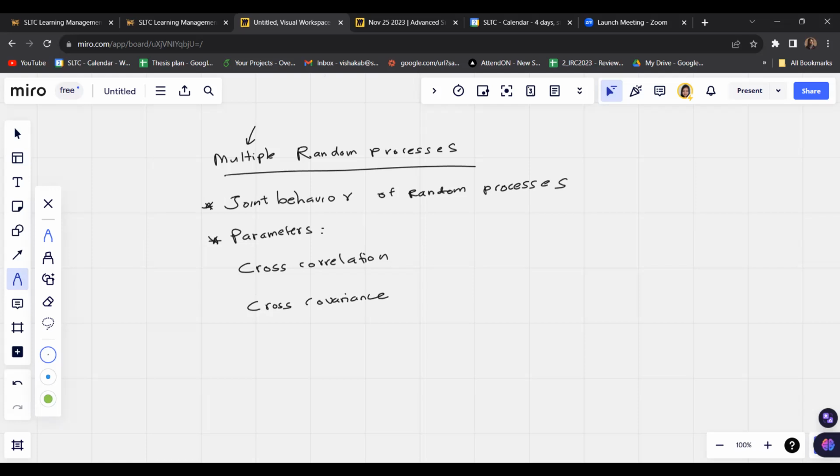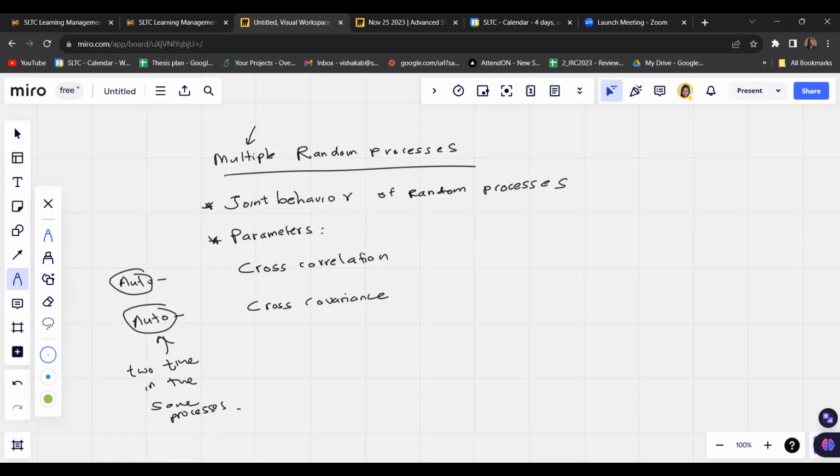You can remember that earlier we talked about the autocorrelation function, and then we learned about the autocovariance function. This word auto was used earlier because we discussed two time instances in the same random process and compared them.